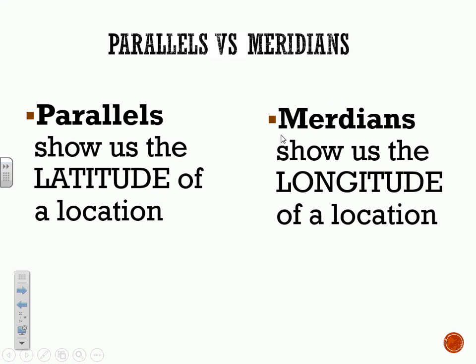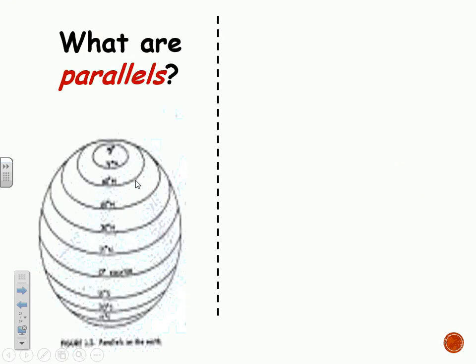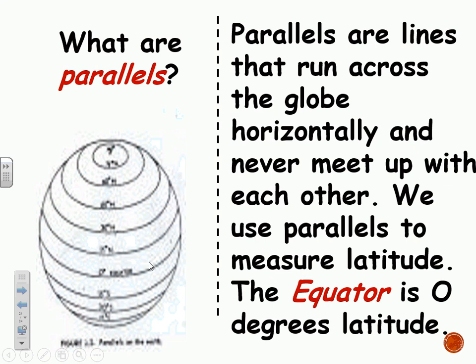You see the parallels there. They run horizontal, they're parallel, and they measure the latitude. The equator is 0 degrees latitude. When we are talking about latitude and longitude, they are measured in degrees.